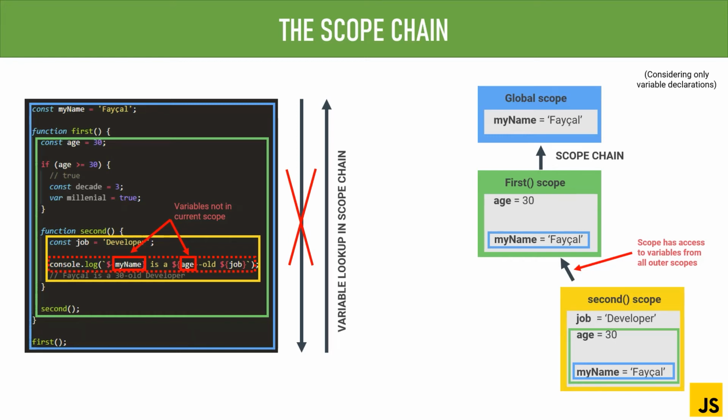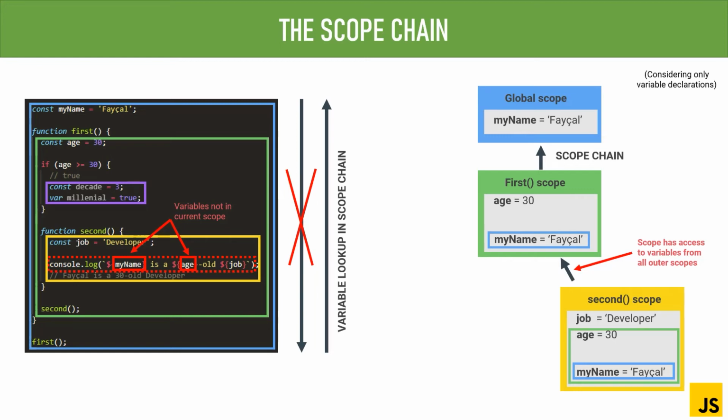Anyway, we still have one more scope left here, and that's the one created by this block. Remember that starting with ES6, not only functions create scope, but also blocks. However, this scope only works for the ES6 variable types, so for let and const variables.